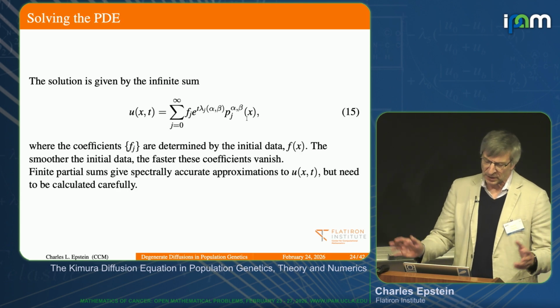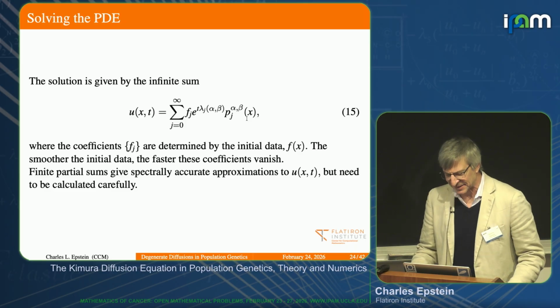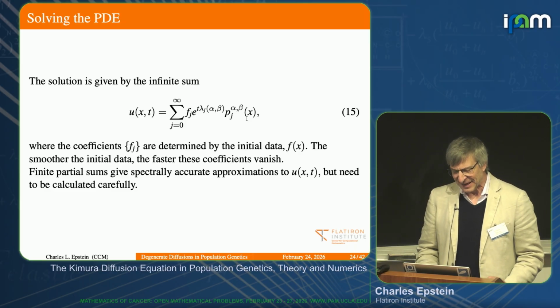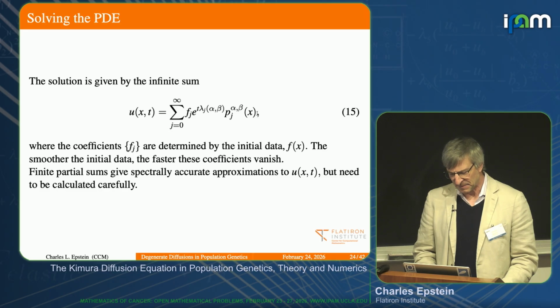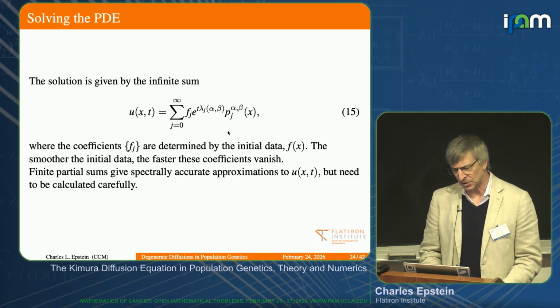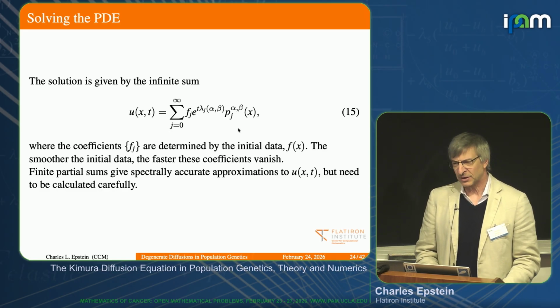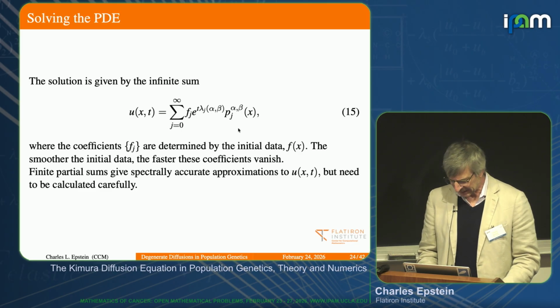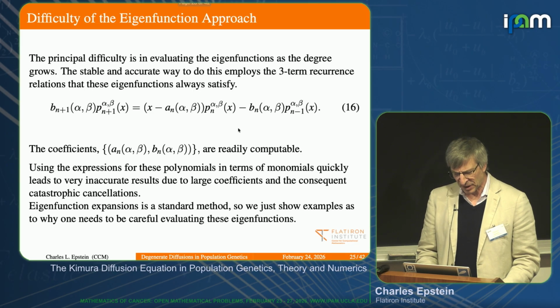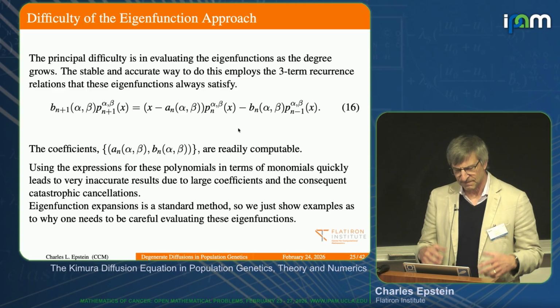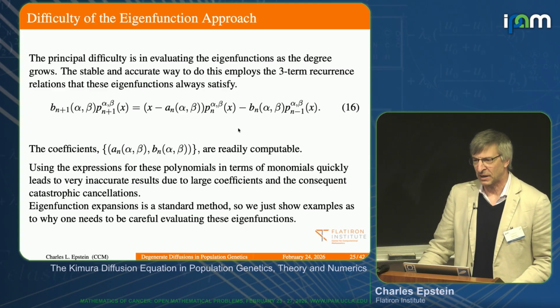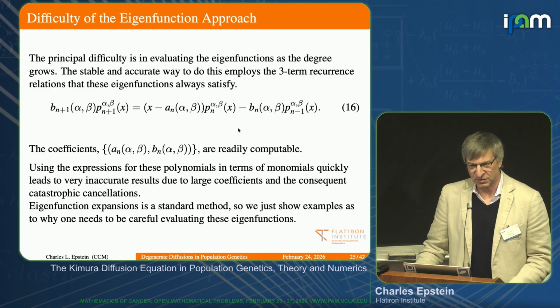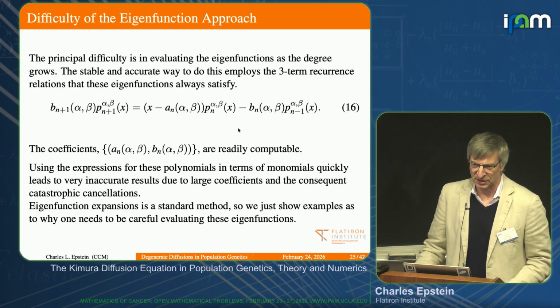Now, you might say, oh, well, I guess there's nothing more to say about this. But unfortunately, the problem is that it's actually very difficult to compute the polynomials correctly. And I think this is a problem that arose in a lot of biology papers, that they tried to use a naive approach to computing the polynomials.